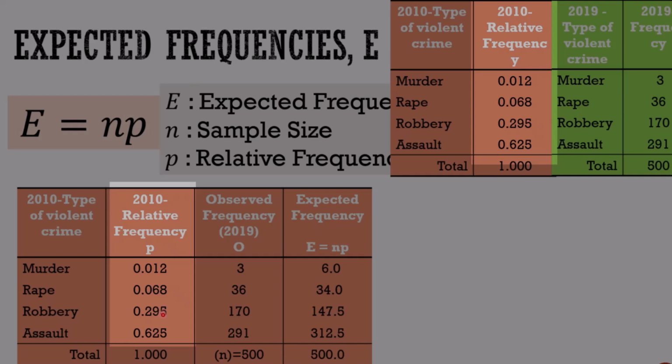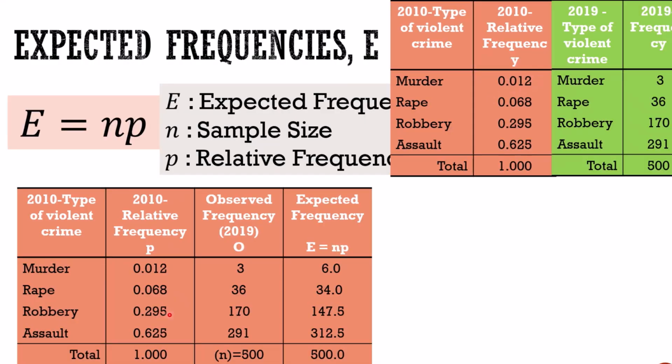Now, if by chance you are given these numbers in the form of percentages instead of relative frequency, you have to convert them to relative frequency value. So if instead of 0.012 you were given 1.2%, you would have to convert the 1.2% to a decimal value and write it on this table. All right? Do not use 1.2. It has to be converted to a decimal value.